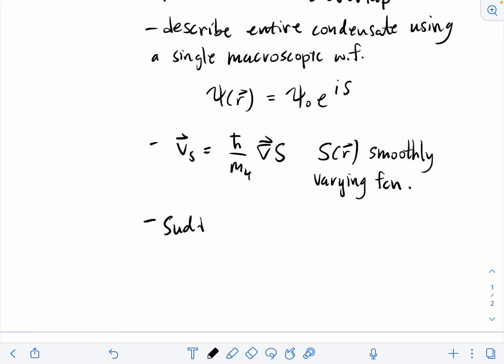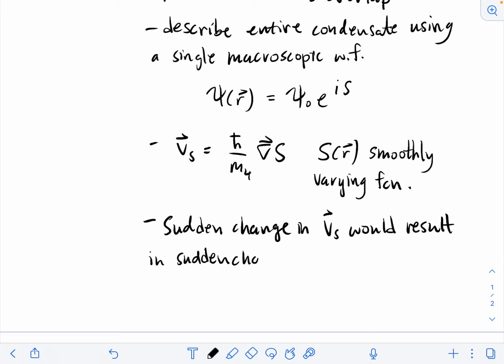We argued that a sudden change in the superfluid velocity would result in a sudden change in this phase of the wave function, which in turn would affect the velocities of all the other particles in the condensate.